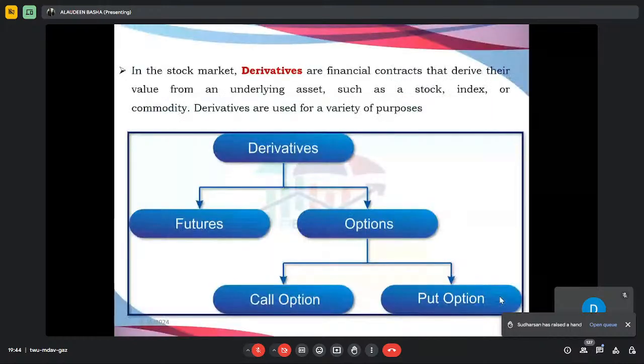In the stock market there are three categories: equity, derivatives, and currency. We'll skip currency for now, so I'm representing only two types. Already we discussed equity.